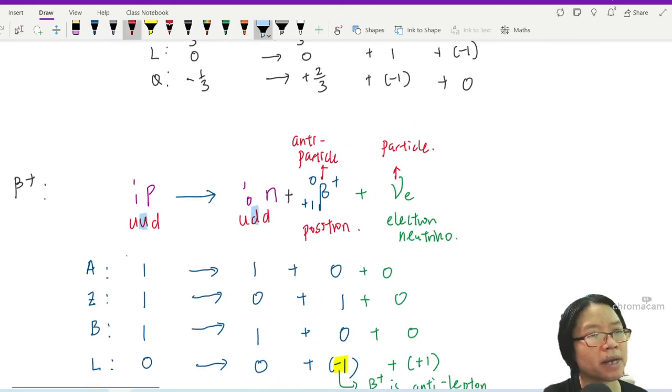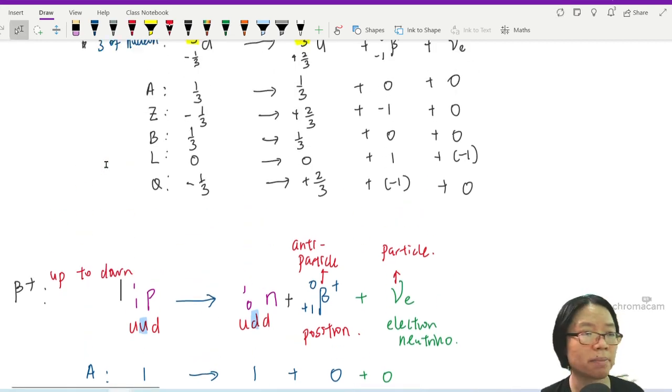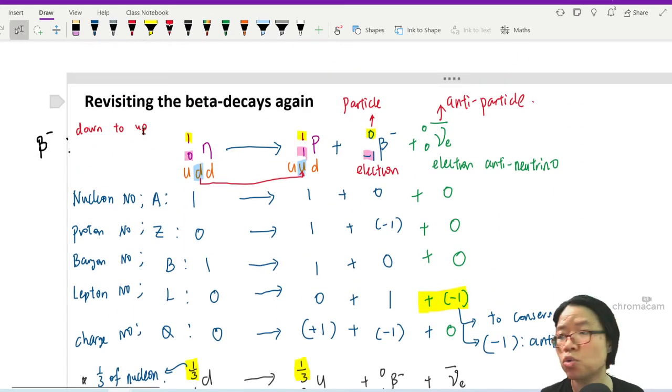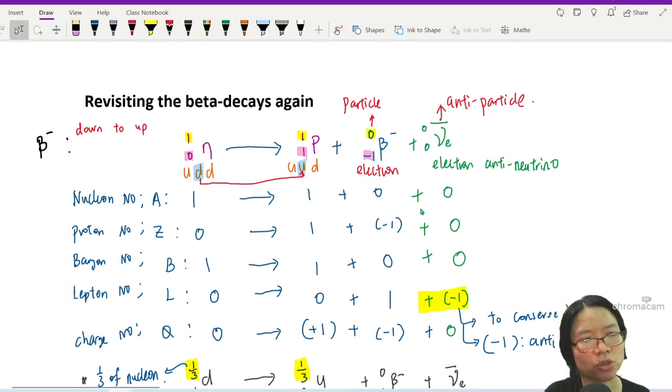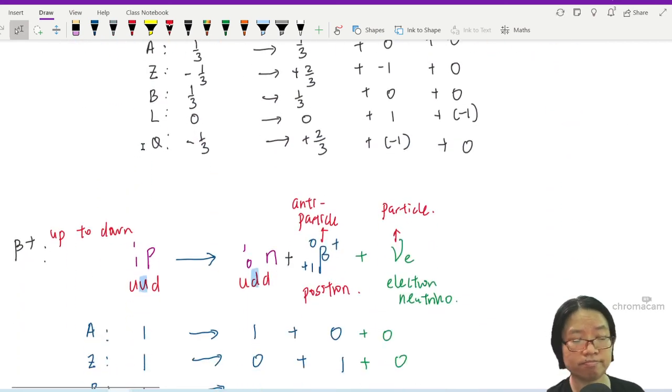So for beta plus, it is up to down. For beta minus, it is down to up. The quark transformation. So I think if you can write out this equation, the rest is just infer. You can infer the information from the equation. All right, don't worry too much about it.